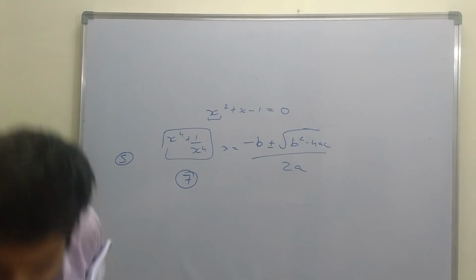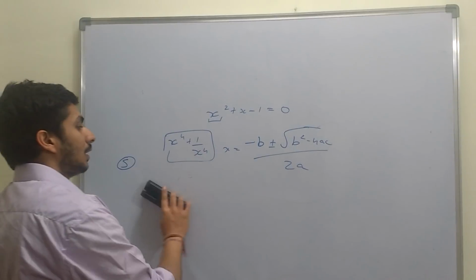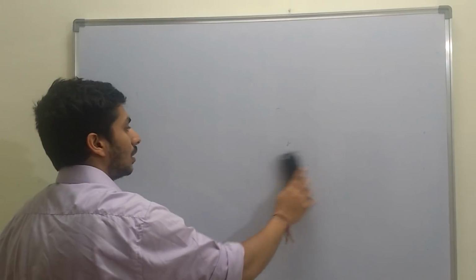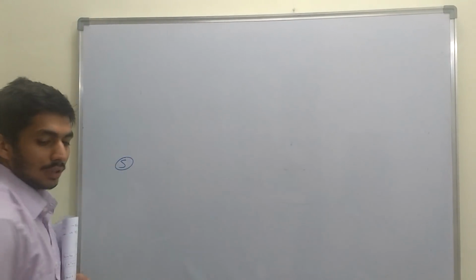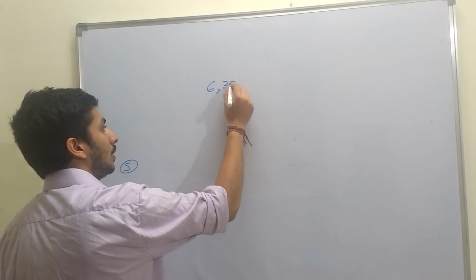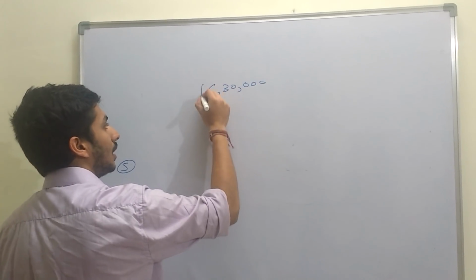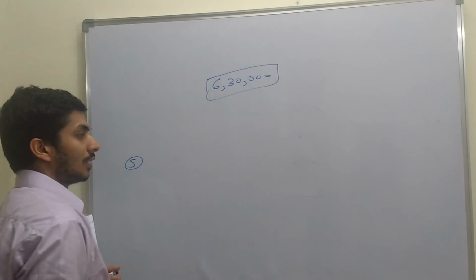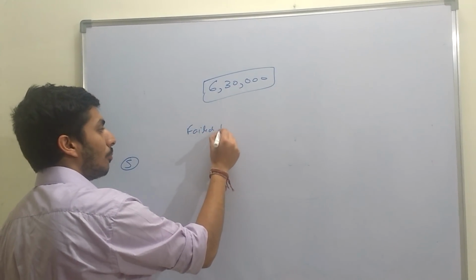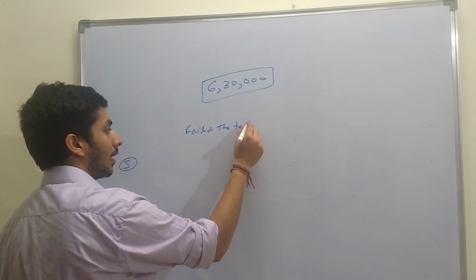Okay, then there was a question where a set of students was given. They had given a total of 6,30,000 students, and they had asked how many students failed the test, which was equal to how many students got all the 3 questions correct.